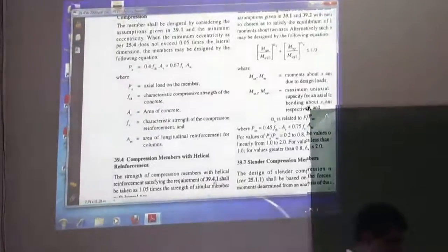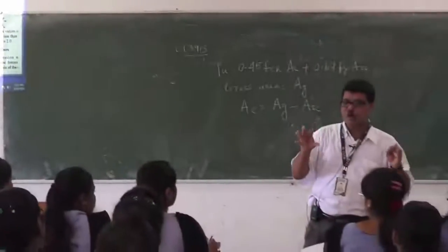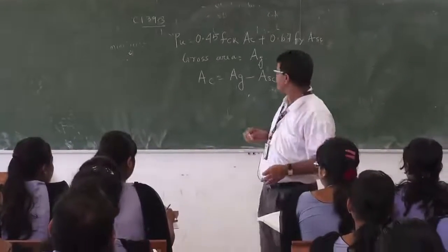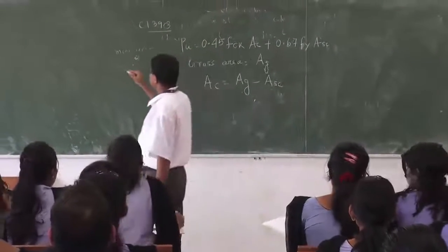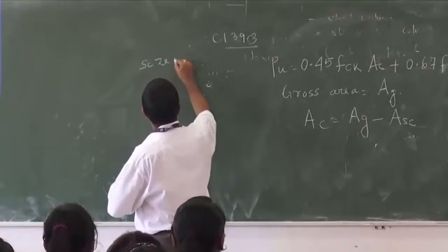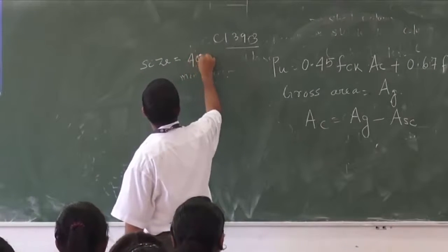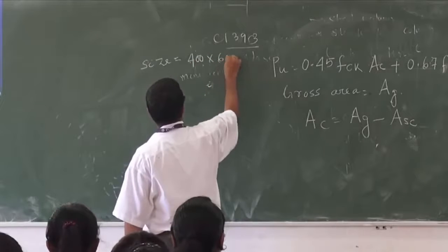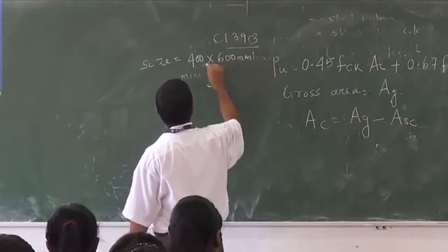Suppose a problem is given. The size of column is given as 400 into 600 millimeter.